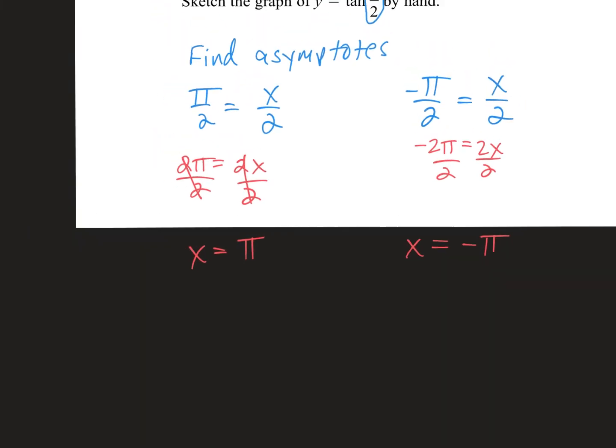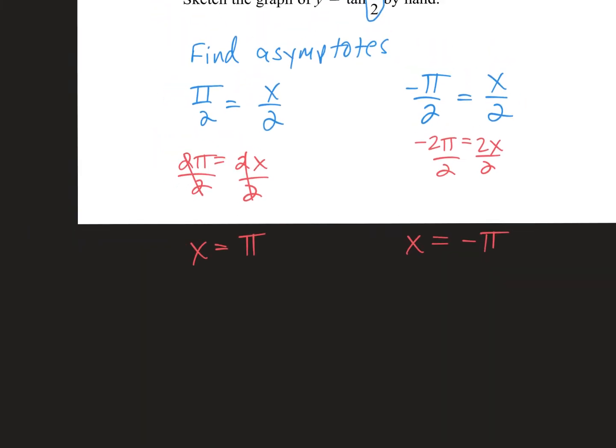I told you in order to graph, you need the shape of your snakes, 3 of them, and you need asymptotes. Why does it go from pi equals x over 2 to pi over 2? We cross multiply: 2 times x is 2x, and then 2 times pi is 2 pi, and then just solve for x.